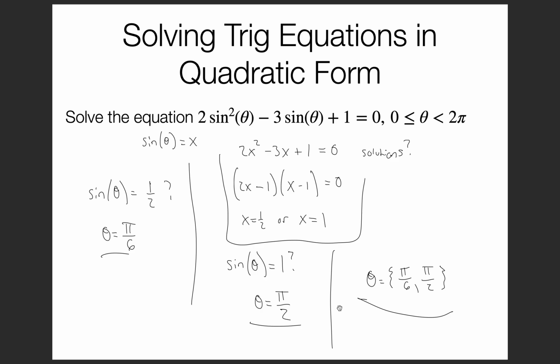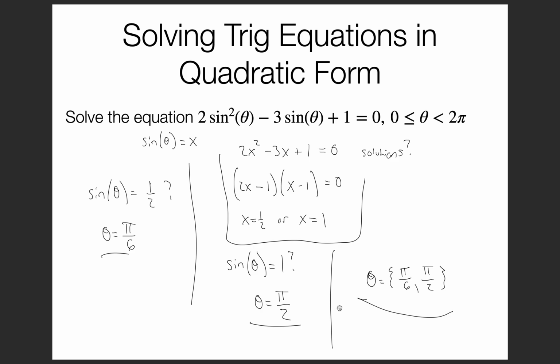Okay, and so I factor that out, or reverse FOIL, or whatever you want to call it, and I get, after some work, that x either equals a half or 1. Both solutions will get me that the left-hand side of the equation will equal the right-hand side.